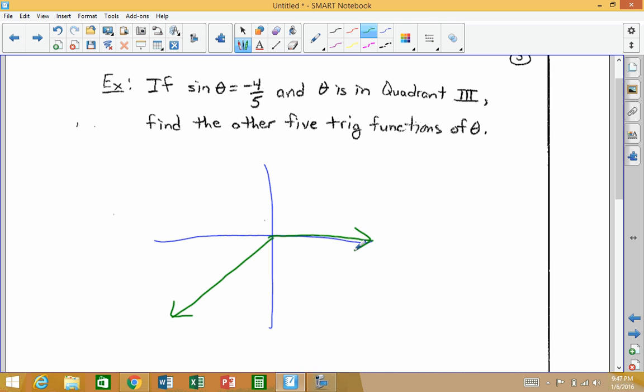Alright. Now, we know that the sine of theta is negative 4/5. Okay, so what we can do here is we can create a right triangle.